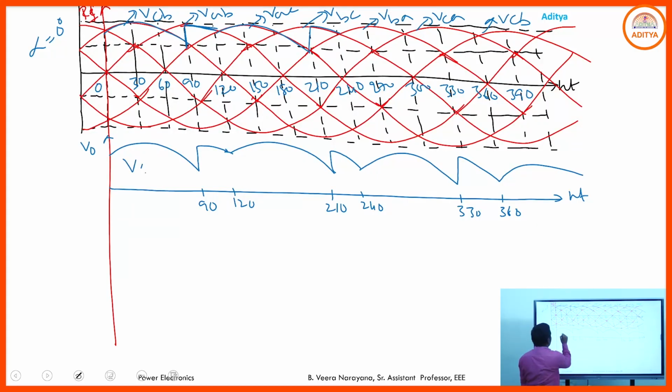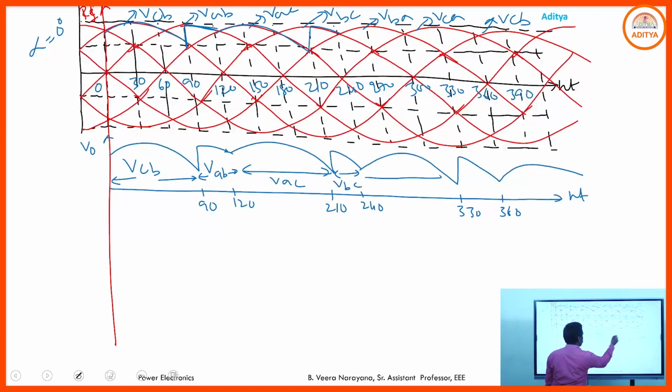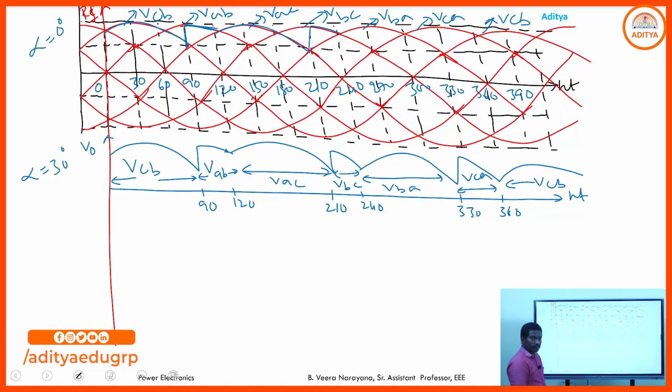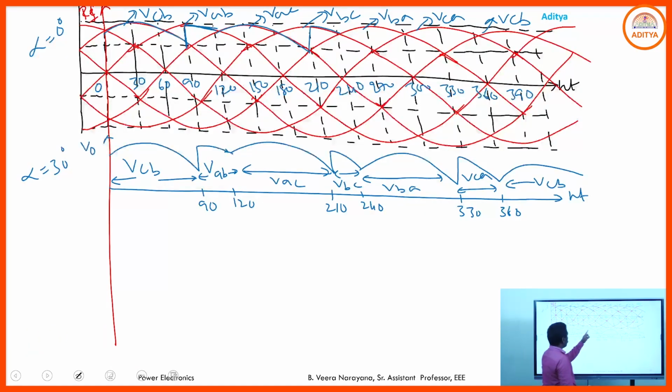So here it is VCB, VAB, again VAC, VBC, VBA, VCA and VCB. This is the output voltage waveform for alpha is equal to 30 degrees. How many pulses are generating here? 1, 2, 3, 4, 5, 6. 6 pulses are generated. Okay, good.